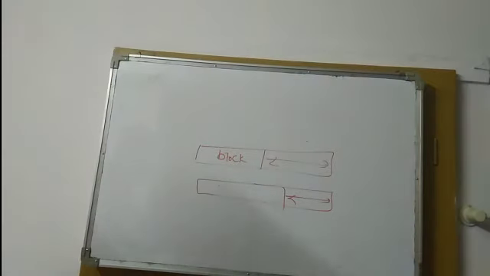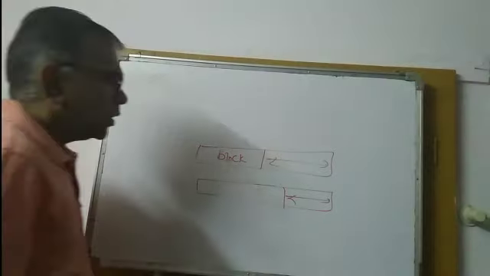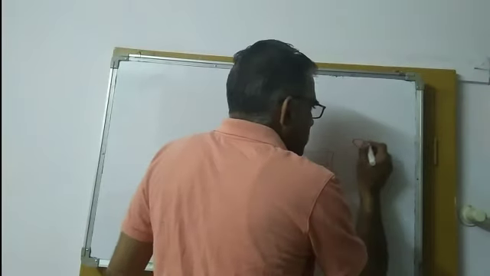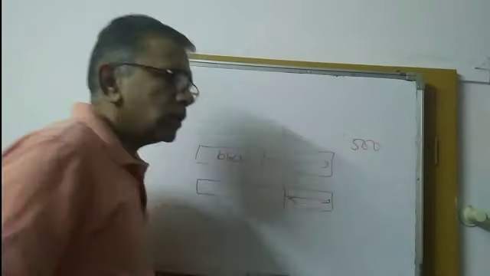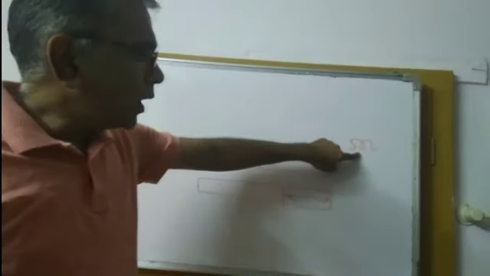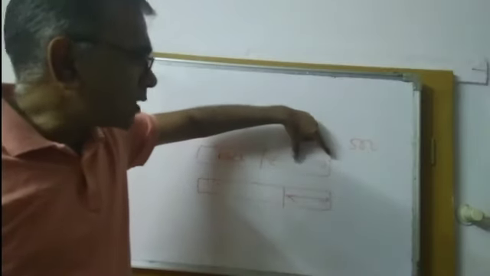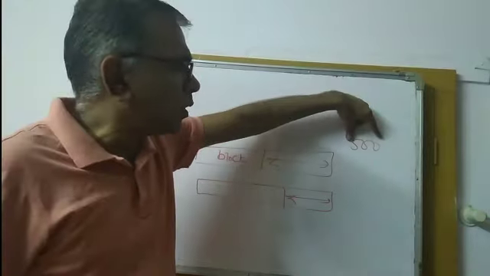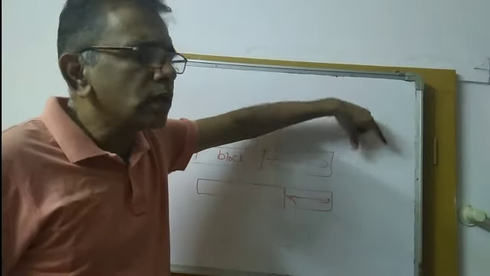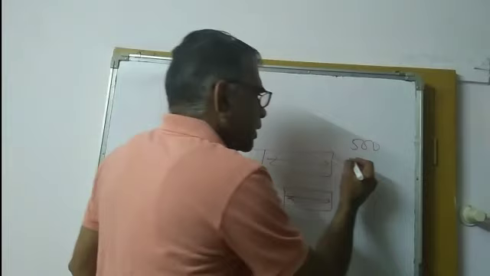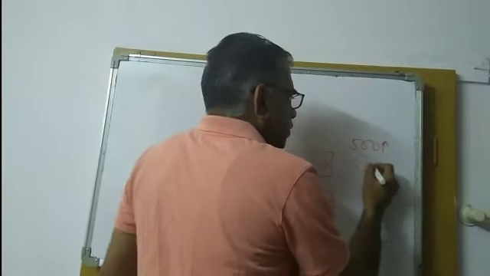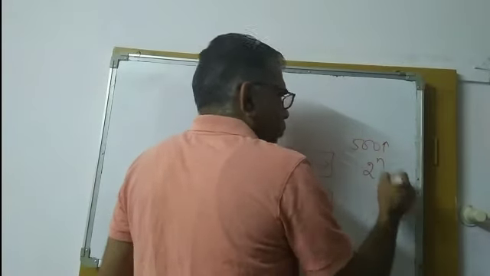Okay. So normally if a user asks for 500 IP addresses, the number of IP addresses allocated to him will not be exactly 500. It will be the next number greater than 500 which is a power of 2.